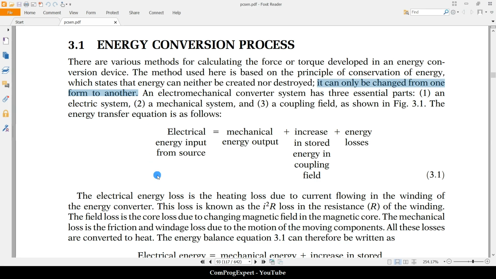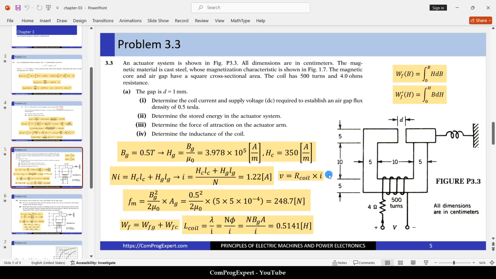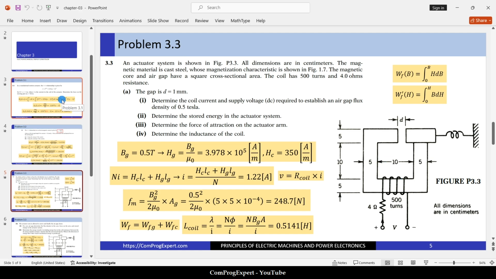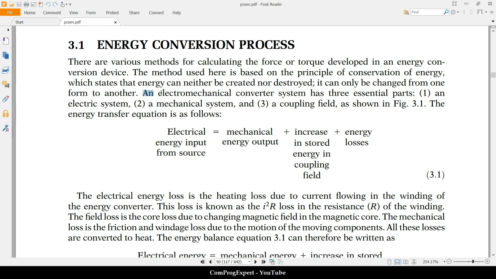We have this problem 3. We will generate the model of problem 3 in ANSYS Maxwell and investigate force calculation. Anyway, an electromechanical converter system has 3 essential parts: 1.